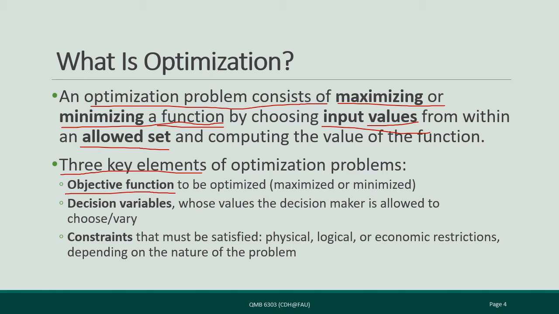But the commute time is determined by all of the decisions that you make when you hit the traffic light. Those are the decision variables. You can decide whether you want to turn left or go straight. Those are all variables that can take on different values, and the different values will affect the outcome of the objective function.